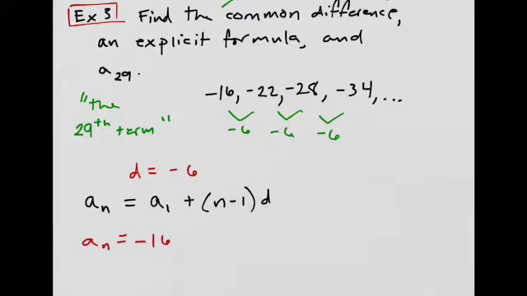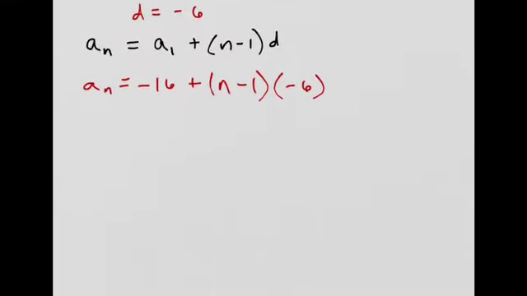Negative 16 plus n minus 1 times, what is d? Negative 6. Eventually we're going to plug in the n to be 29. But right now, we don't need an n. If it's a formula, we have to be able to plug something in. So we're going to leave it as n. And we can choose whatever n we want, and it'll work out.